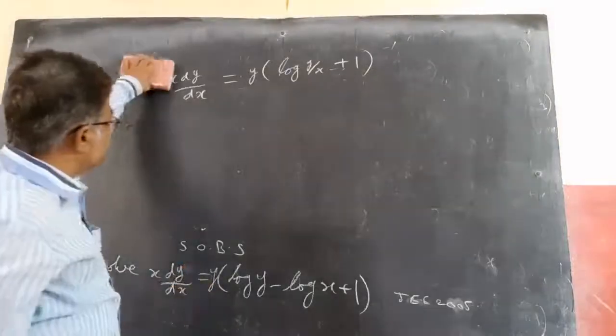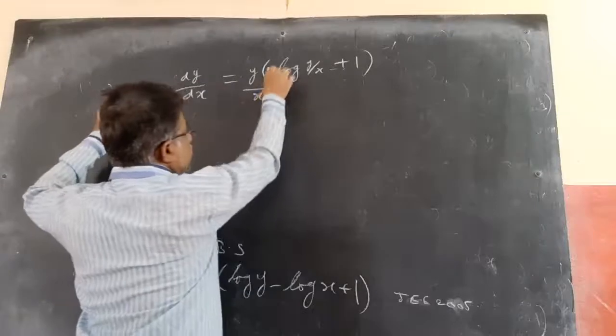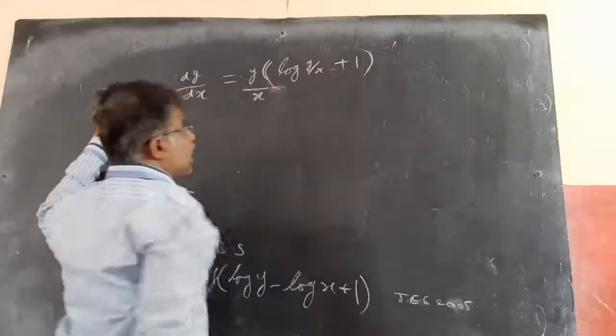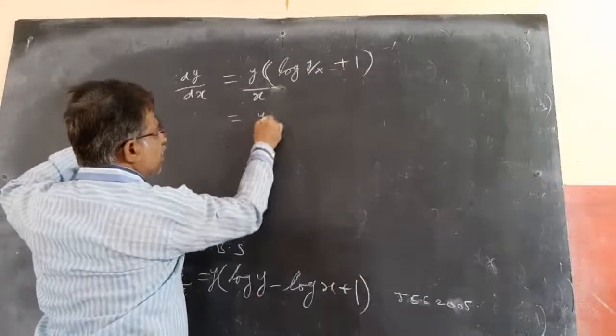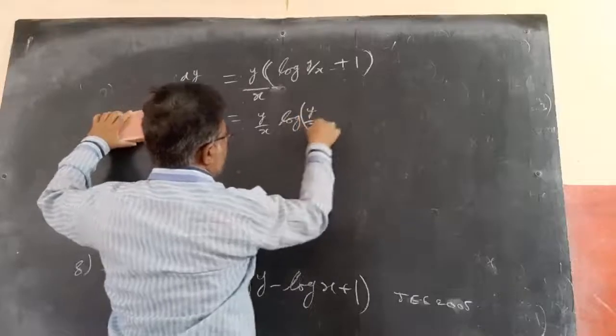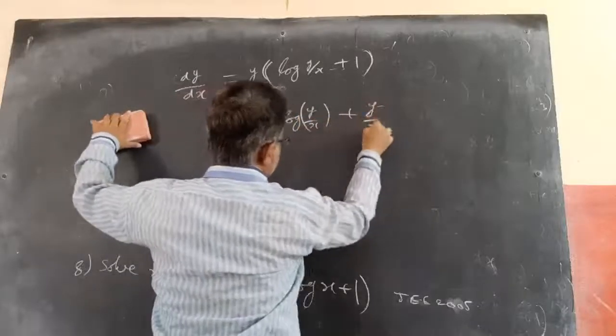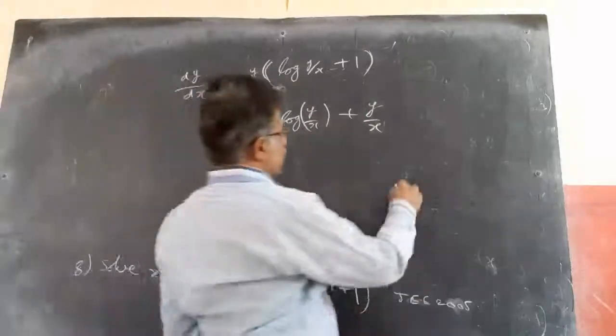And if I bring this y to this side, whole by y, observe, is this a homogeneous equation or not? If you want, you can write it like this: y by x log y by x plus y by x. Now, let y equal to vx.